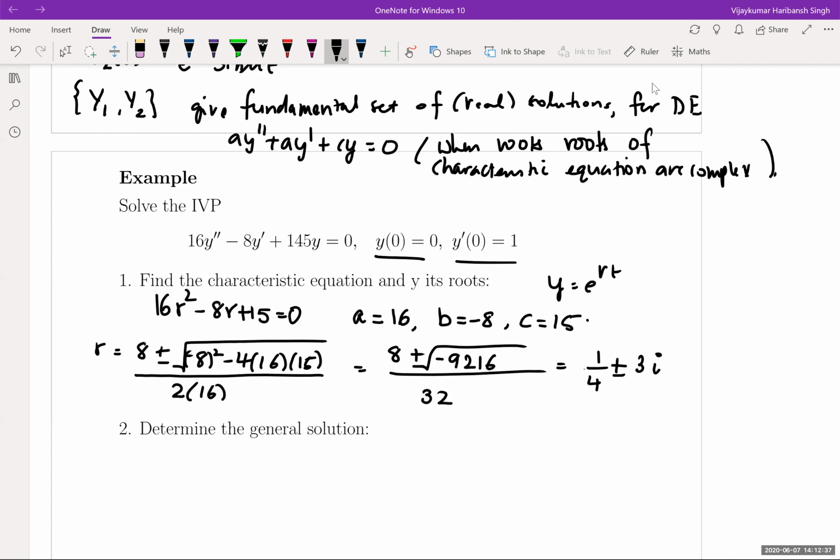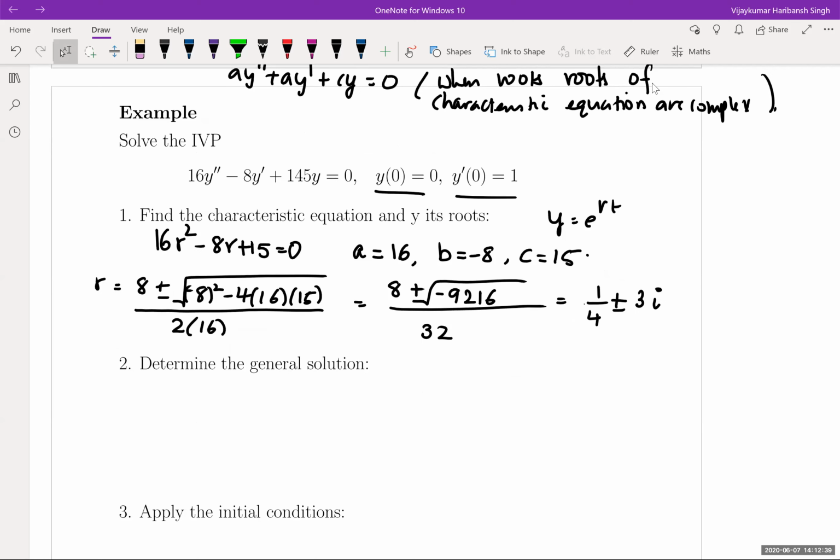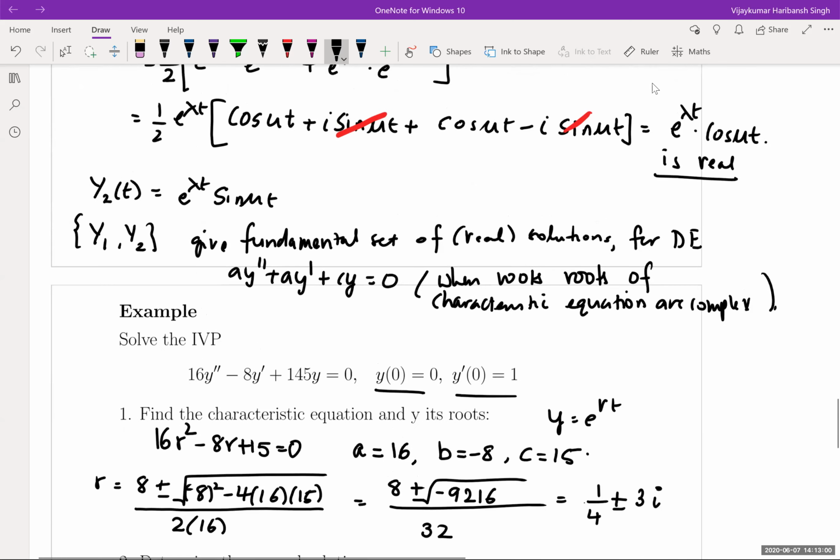So now let's determine the general solution. We have lambda equals 1/4, and mu in this case is going to be 3. So y1 is e to the power t by 4 times cos 3t. Why? Look at the solution. y1 was what?